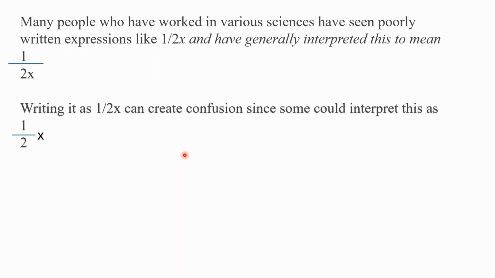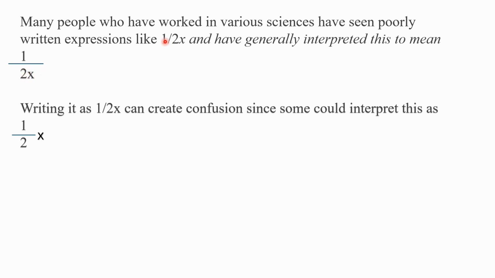And I'll say too, the obelus is sometimes interpreted differently. Many people that have worked in a lot of science have seen poorly written expressions like 1 divided by 2x, where you have the forward slash used. A lot of times that's generally been interpreted, especially in scientific texts, to mean 1 divided by 2x, with the 2x in the denominator.